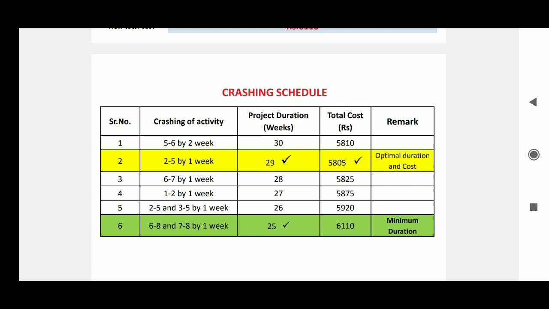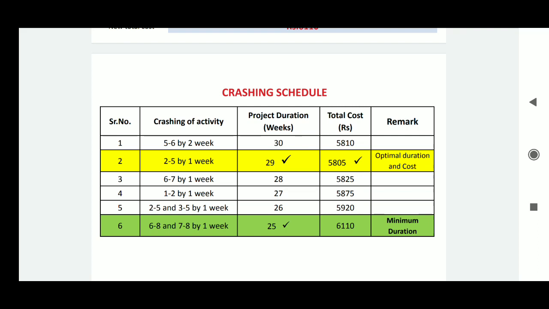If we reduce the duration beyond that, that is below that, we will incur more cost. Okay, the project cost will be increased. Hence our answer for the optimal duration and optimal cost is 29 weeks and 5805.